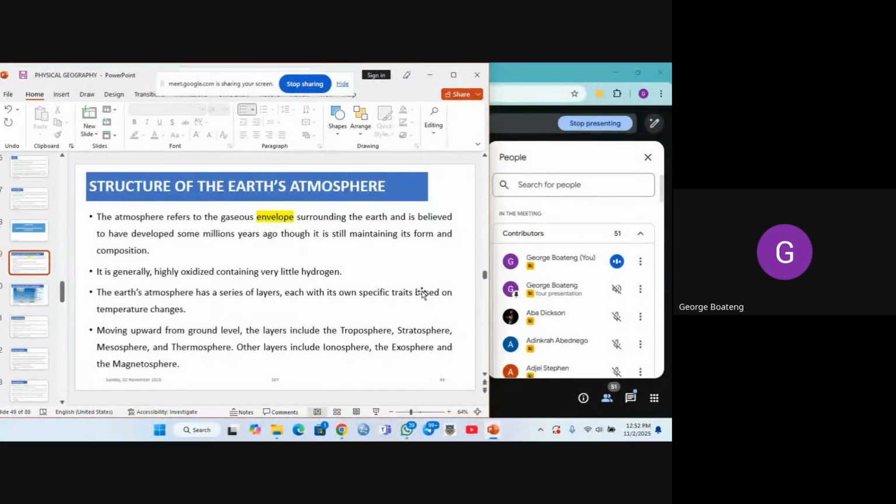But the dominant ones, which you call the constant gases, are nitrogen, about 78%, oxygen, about 20 to 21%, then argon, about 1%.